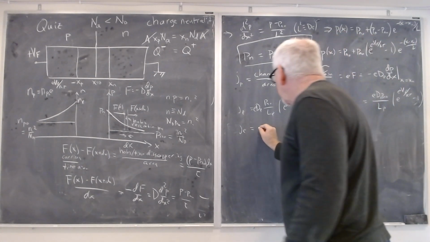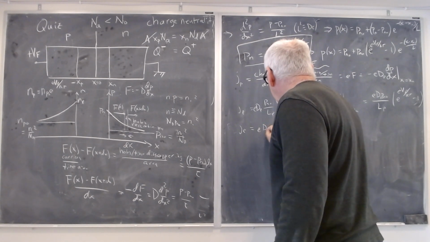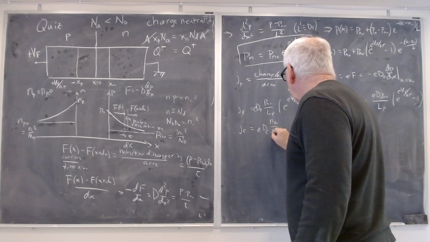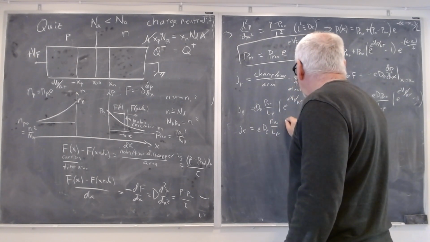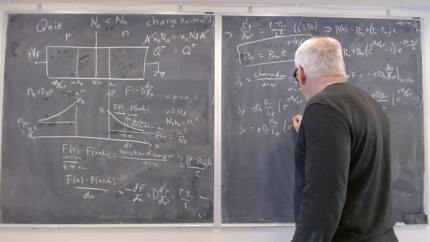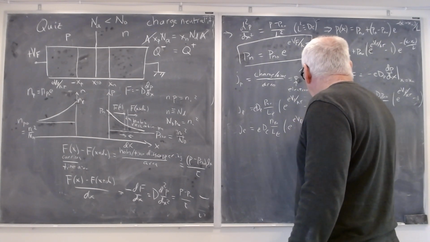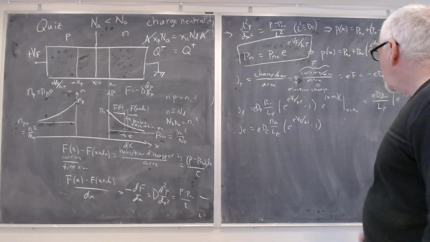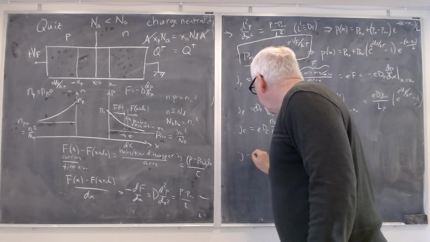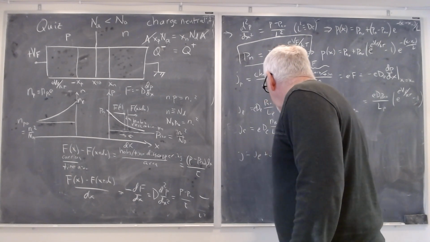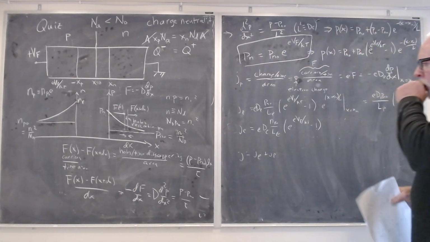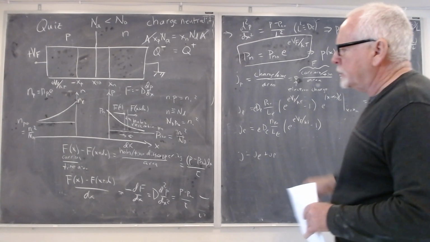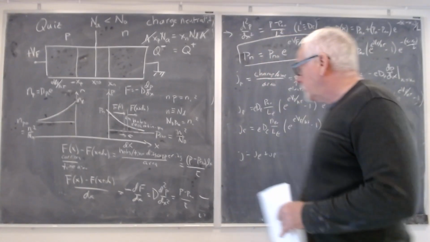J sub E, same thing, with D for electrons and Np0 over L for electrons. And by the way, the minus sign's all worked out, because electrons going that way is current going this way.